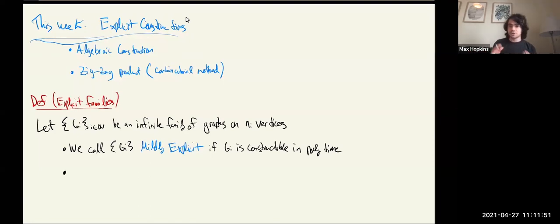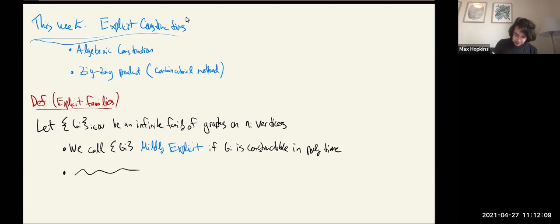The second is called strongly explicit. And this is actually a local condition. Again, I'm going to be a bit informal. Basically, what it says is that given a vertex in G_i, you can construct its neighborhood really efficiently. So what do I mean by that?